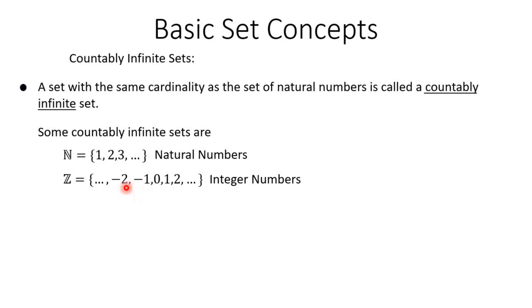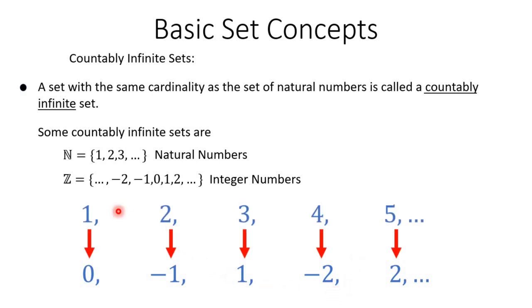But it turns out that if you write the set of integers this way, so you start with 0, then you have negative and positive 1, then negative and positive 2, then negative and positive 3, and negative and positive 4, and so forth, you can actually count them with these natural numbers. So you can count how many integers there are, beginning with 0, then negative and positive 1, negative and positive 2. You can go all the way up to negative and positive infinity, and there's only an infinity of numbers there. So it turns out that these two sets have the same number of elements.